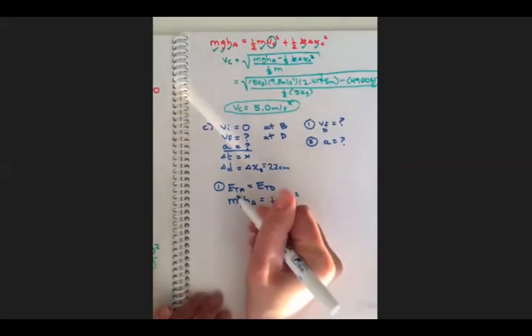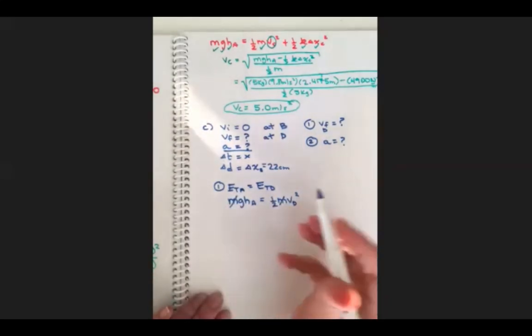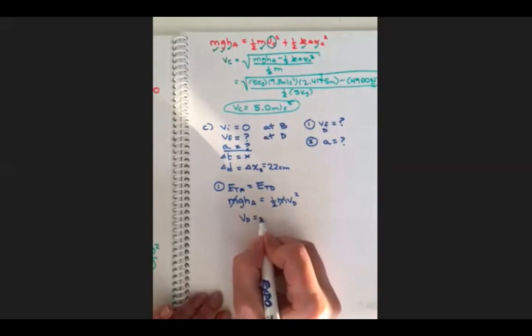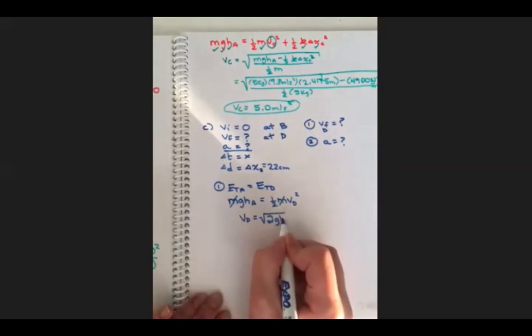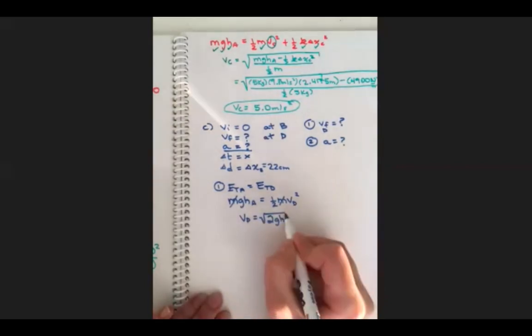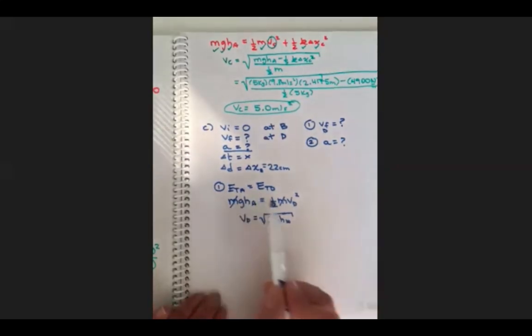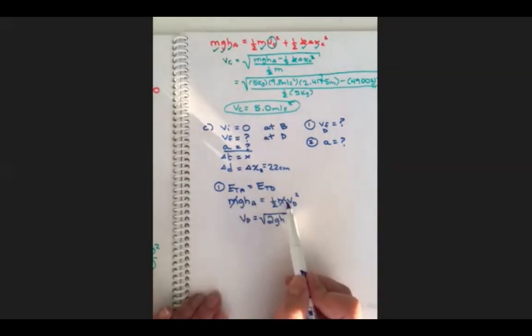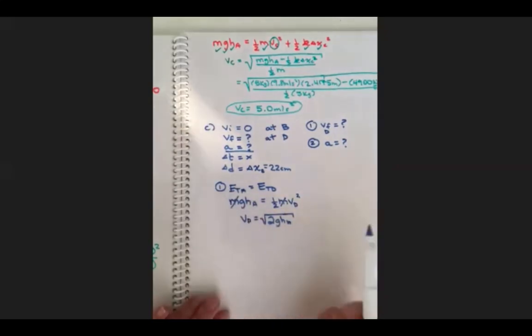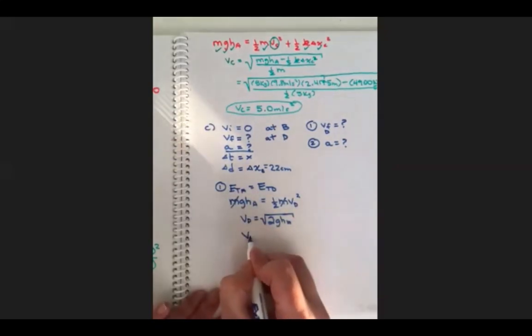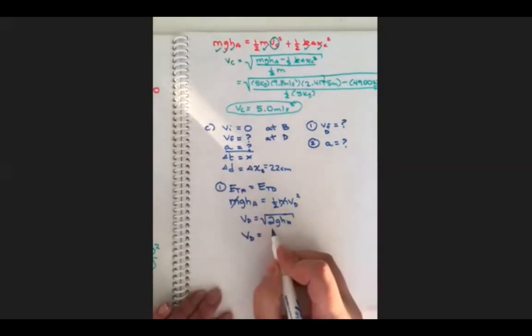In this case, our masses cancel out, and solving for Vd is the square root of 2gHa. So from gravitational potential to kinetic, before it touches the spring, this is a piece that we have done. This piece of this longer problem is what we have done in grade 11 and in lesson 3.